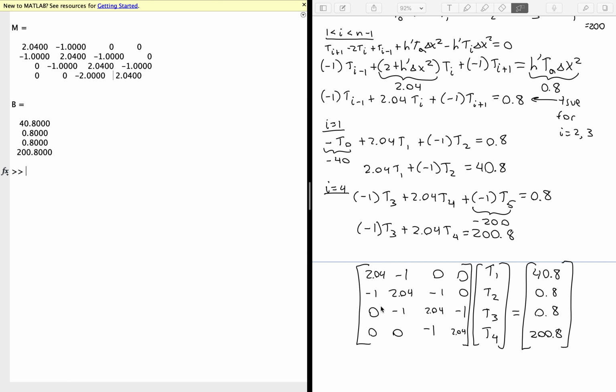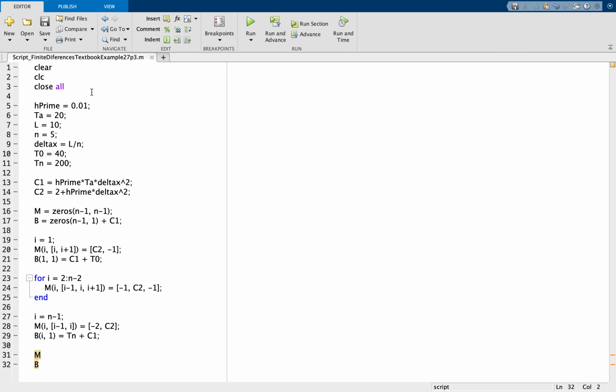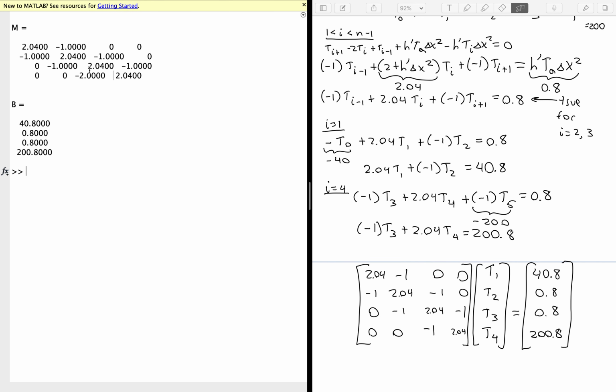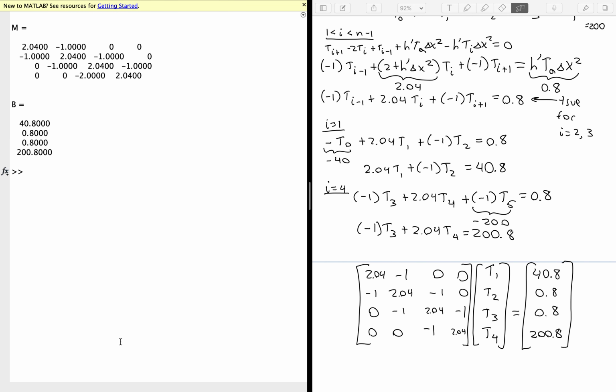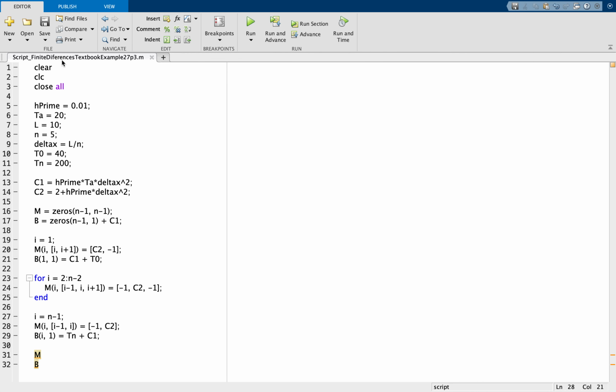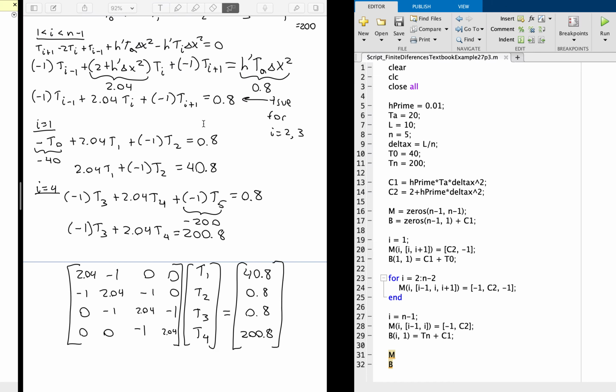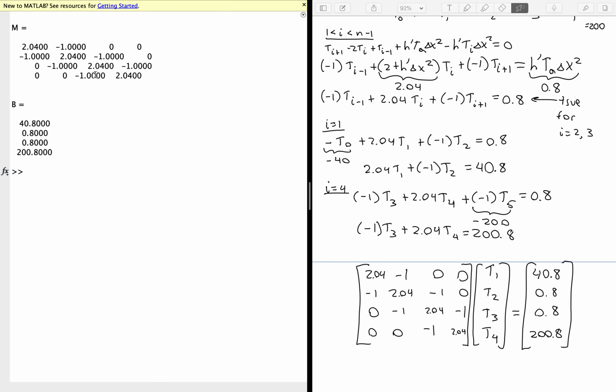That looks correct. That looks correct. This is wrong. This should be a negative 1 instead of a negative 2. B looks correct, so let's take a look at the code. We're going to look at the last row. Yes, indeed, that's wrong. Okay, so the matrix should match. Let me just run this and it should update in the command window. Okay, so now that's correct.